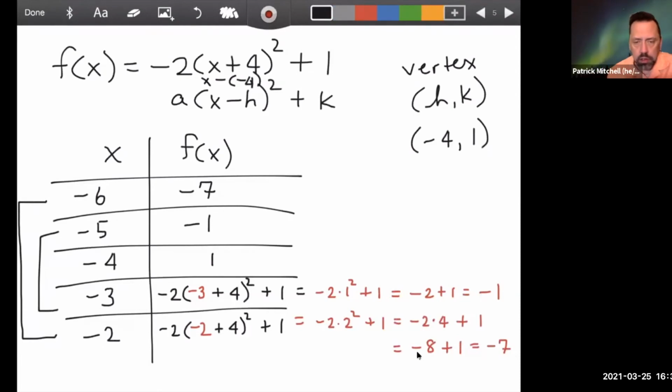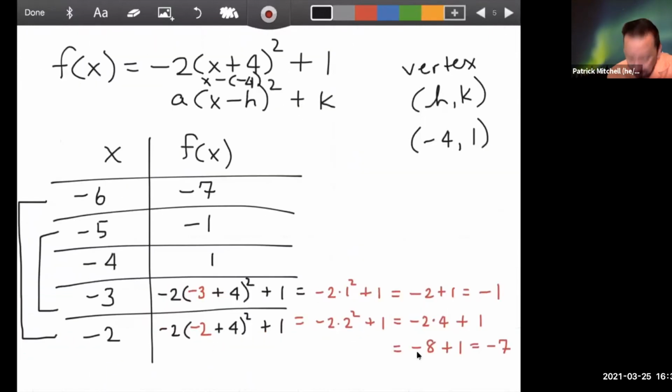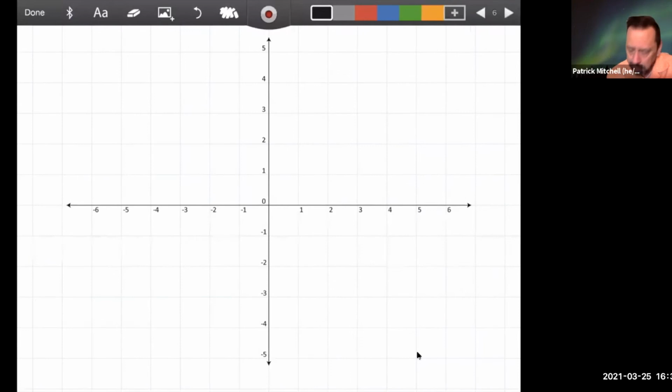All right, so let's look at what this is going to look like before we do it on the computer. This time my X scaling is okay. But I'm going to use the same scale for both X and Y. You don't necessarily always have to do that, but in this case, I think it would be a good idea.